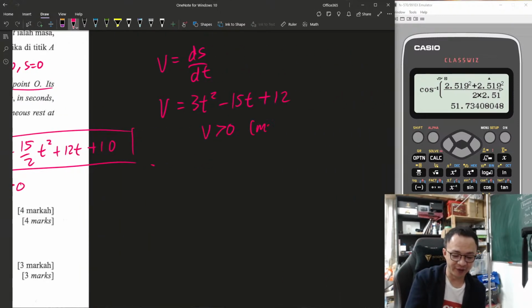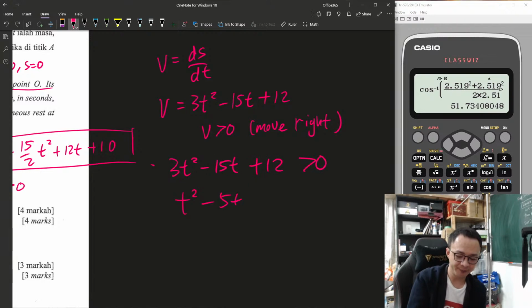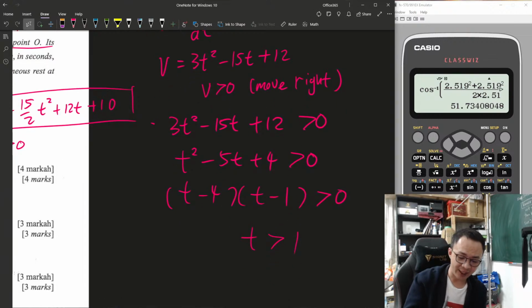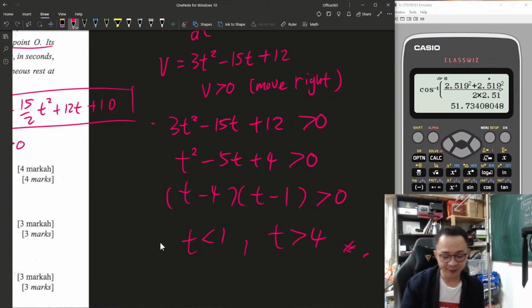If it moves left, velocity is less than 0. So 3t squared minus 15t plus 12 bigger than 0. Divide 3 for the whole equation. Factorize it: (t minus 4)(t minus 1). So time will be less than 1, or time is bigger than 4. Okay, done.